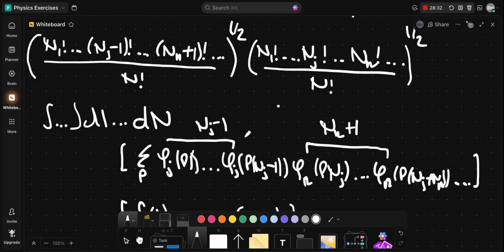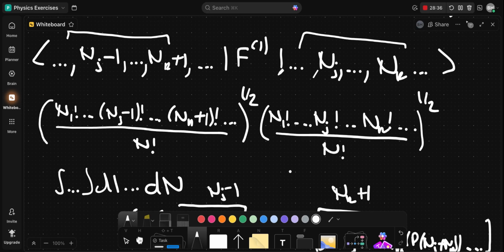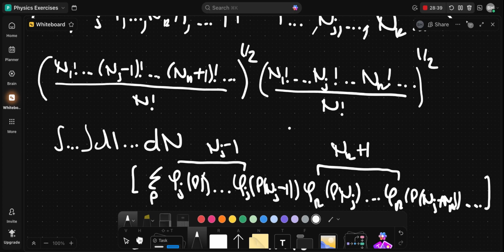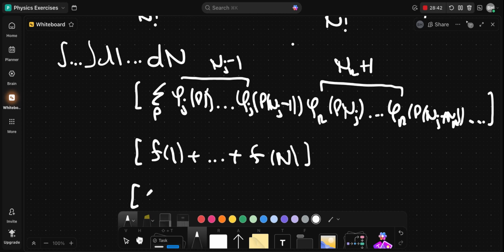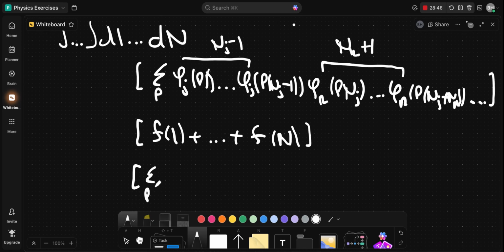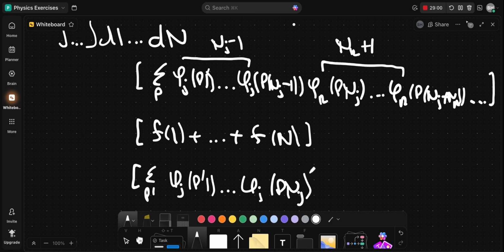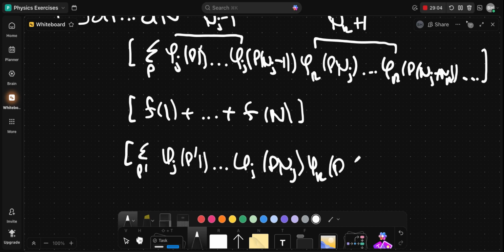So I took care of the operator and the normalization factors, but I haven't taken care of the other side yet, which I write as a sum over permutations P prime, phi_j(P'1) through phi_j(P'n_j), and then phi_k(P'(n_j+1)) through phi_k(P'(n_j+n_k)), dot dot dot.